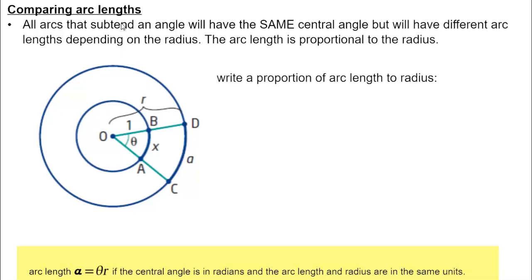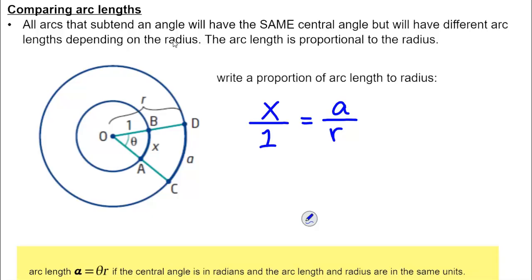Because the radius and the arc length, when subtended by the same central angle, are proportional, we can write this proportion, or this ratio. So the ratio of the arc length over the radius will be equal to the subtended angle, this arc length A, over the radius of that circle.